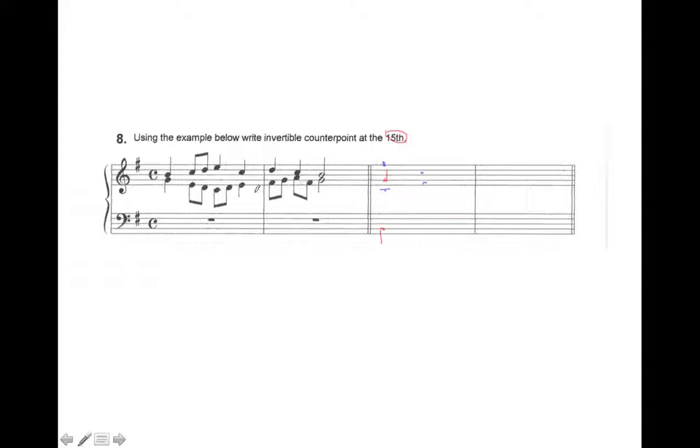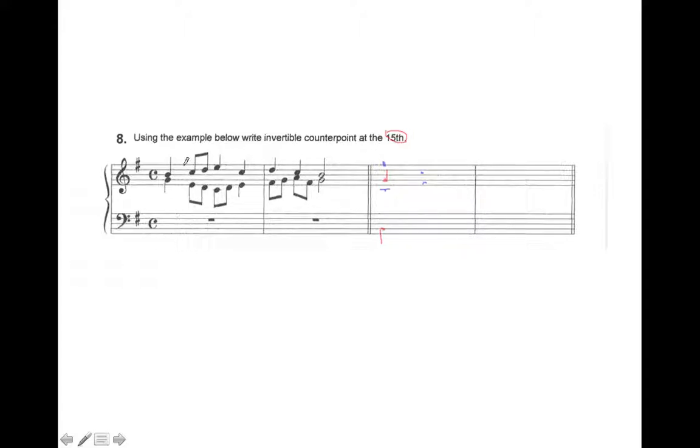So you could either, again, move one voice 2 octaves, move that upper voice down 2 octaves, leave the bottom voice where it's at, or you can take this lower voice, move it up an octave, take the upper voice, move it down an octave, and you still end up with 15th.